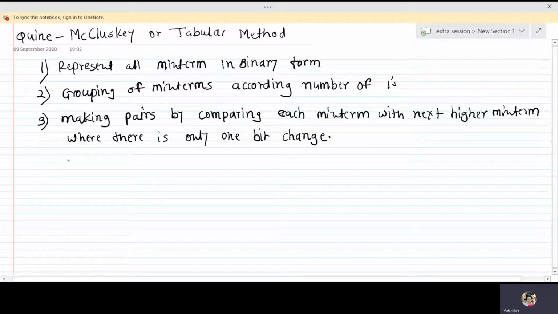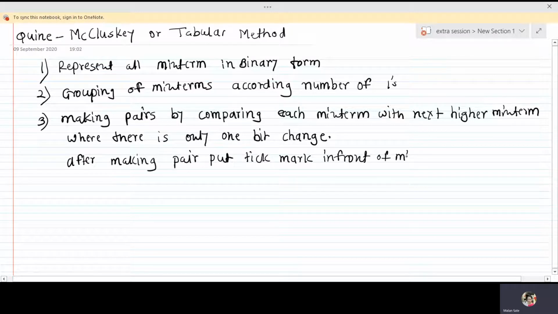After making a pair, put a tick mark in front of the minterms, because they will come into the prime implicant groups.